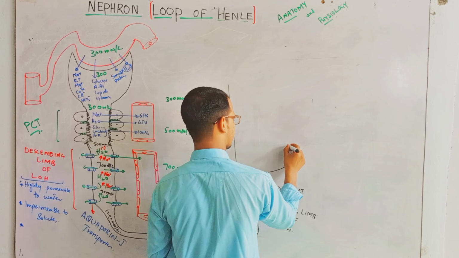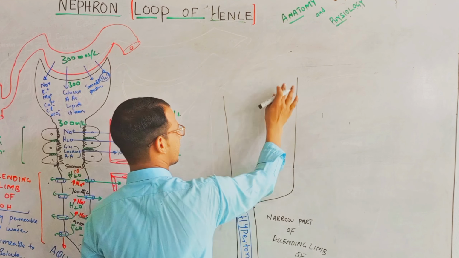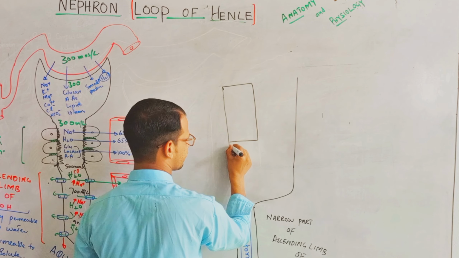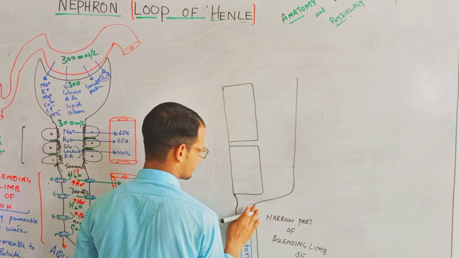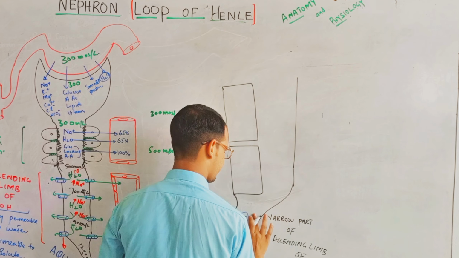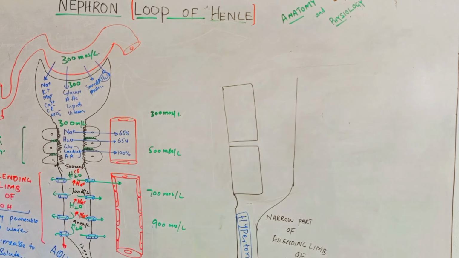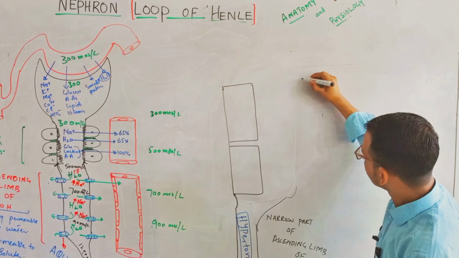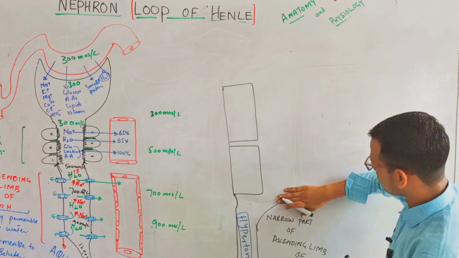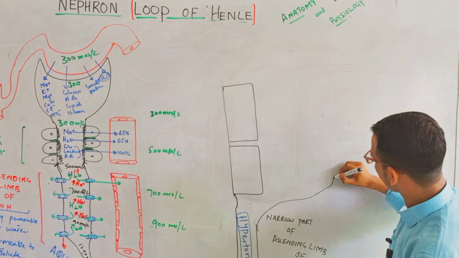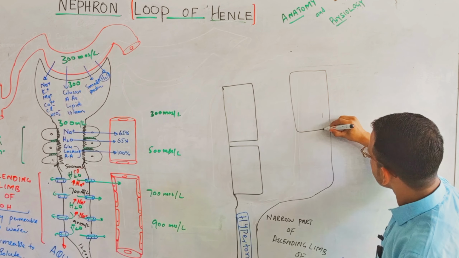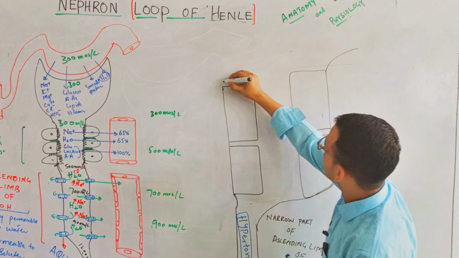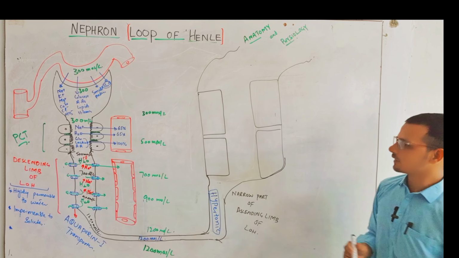Here, this is the thick part of loop of Henle, and these are the cells of the loop of Henle ascending limb. Of course, the cells will be present on both sides. This is the distal convoluted tubules.